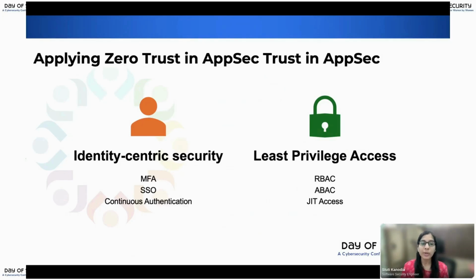Now you don't need to remember many passwords, and it also protects people from using the same password at various locations. So you just need to log in once and you can access all the applications within the org using that SSO. Many organizations are using SSO behind the scenes to access their organization applications. So that is how we implement identity-centric security.